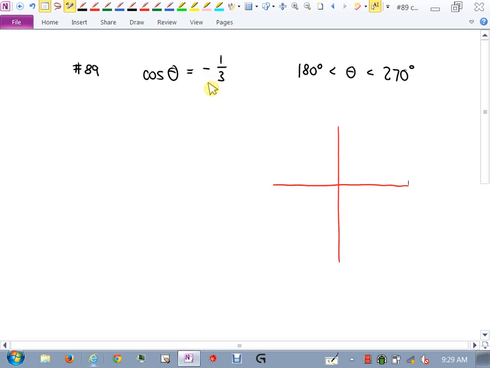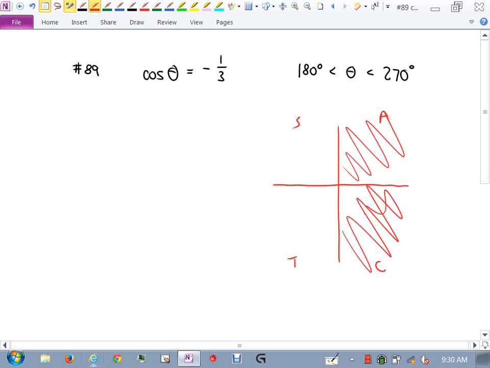So, all students take calculus. What's that? If cosine is negative, I have to be in the second or third, or in other words, I cannot be in the first and the fourth, right? So I cannot be here, cannot be here. But then they're telling me I have to be between 180 and 270, which forced me into the third quadrant to begin with, right?